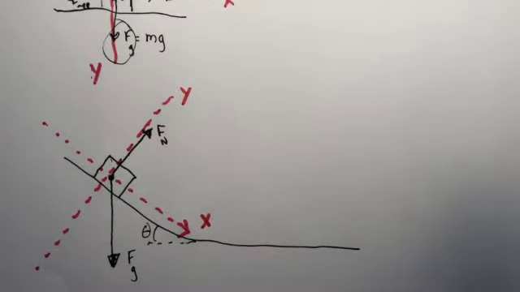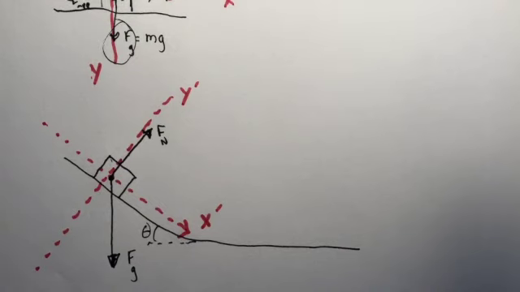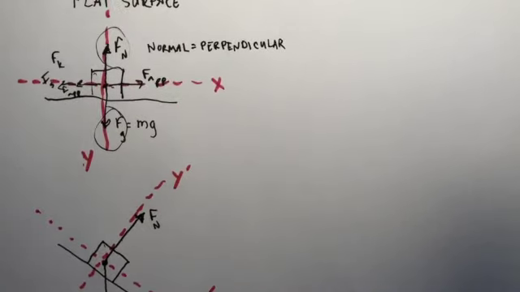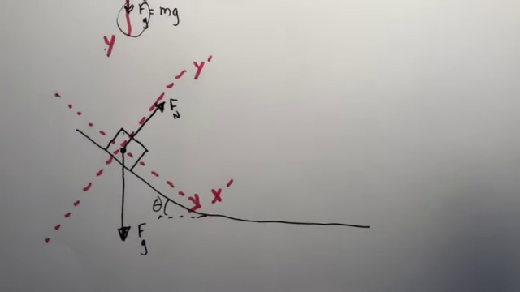So this is my new x and y-axis. Sometimes we refer to this as x prime and y prime, because what this does is it makes things easier for us. You just have to get over the idea that x and y have to be the way that we've always done it. We're going to line them up with the incline.